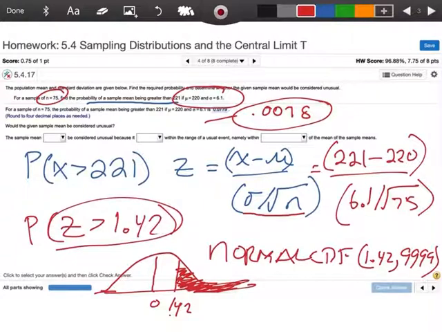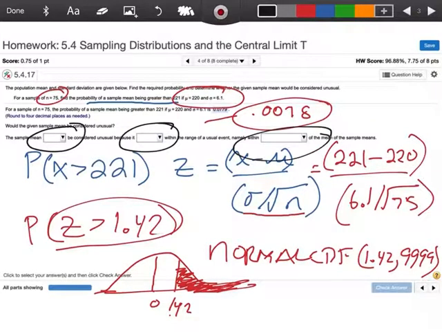Now there's a second part, and it says the sample mean, and I'm taking a look at my laptop right now. This part here is going to give you some options. The first part is going to say either would or would not be considered unusual, because it either lies or does not lie within the range of an unusual event.